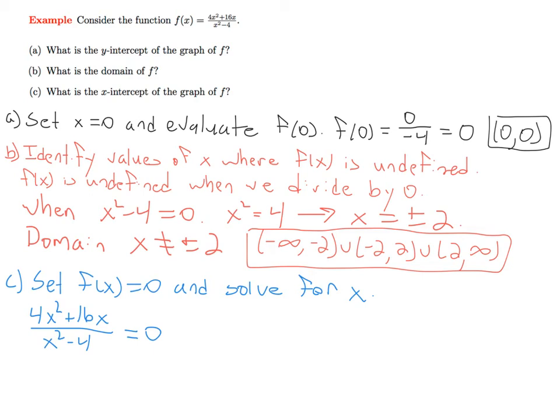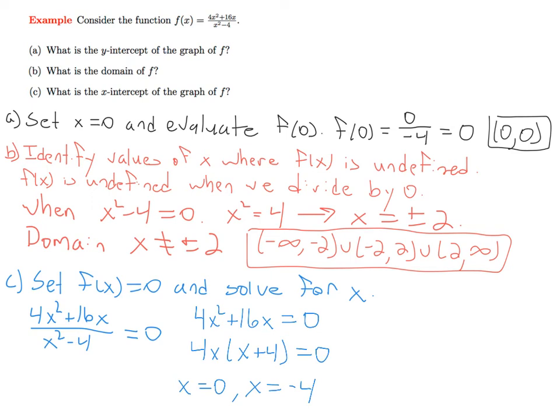So we need to figure out when 4x squared plus 16x is equal to 0. And we can factor out 4x from each of these terms. And for each of these factors, we see we get a 0 when x is equal to 0 from the first factor, and when x is equal to minus 4 from the second factor.